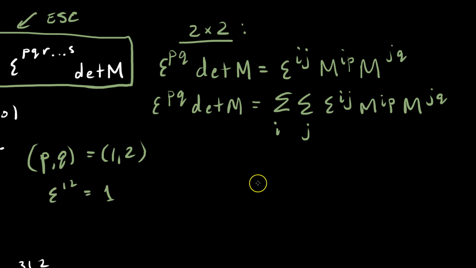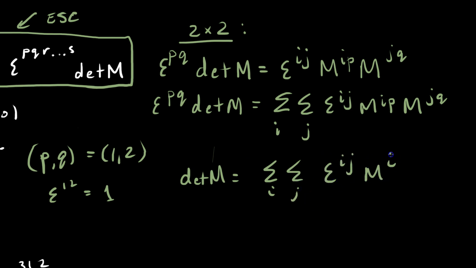So the determinant of M is nothing more than the sum over i, sum over j of epsilon ij times M_i1, since P is 1, and M_j2, since Q is 2.